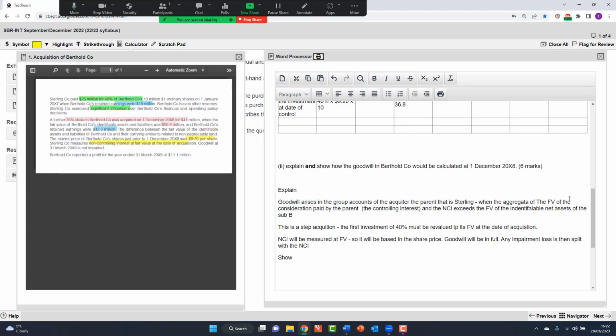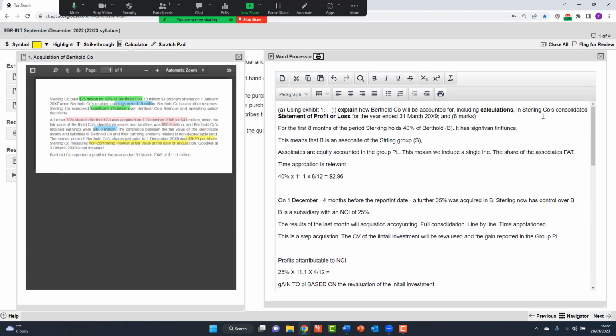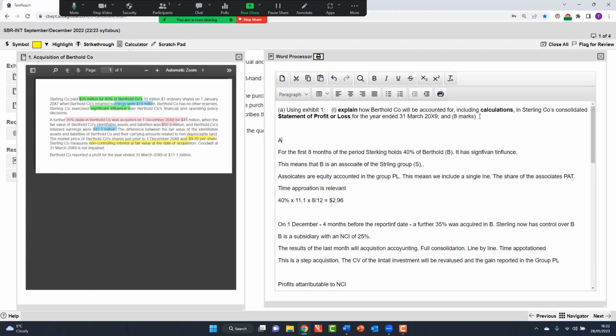And what I was doing here, really, if I think about it, and it would help, the 8 marks, I haven't split the explain and the calculations. What I've done here is I've taken the associate at the start of the period. That would help the presentation a little bit, wouldn't it? The associate at the start of the period, that's my logic. And then I've shown the subsidiary.